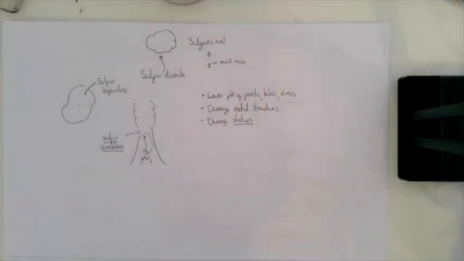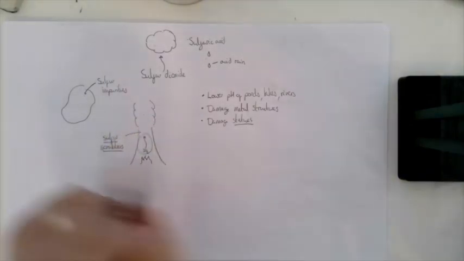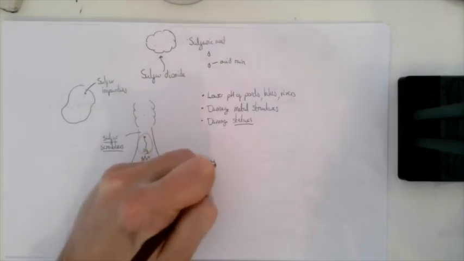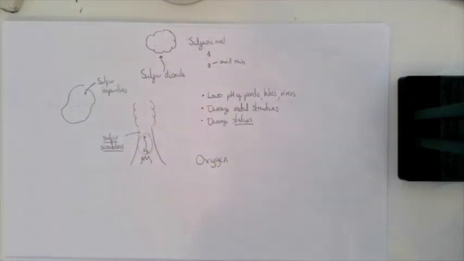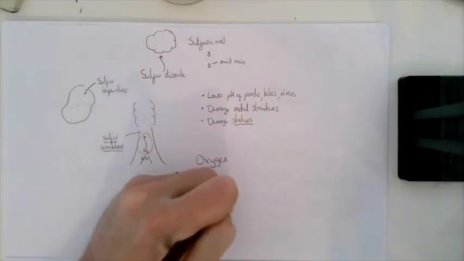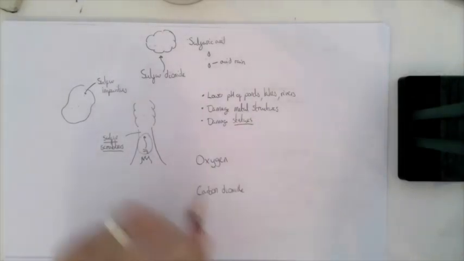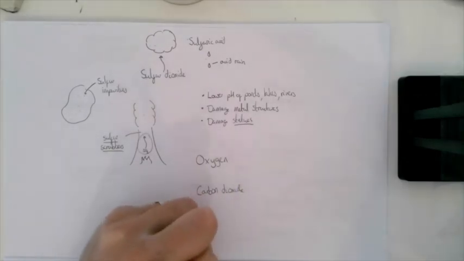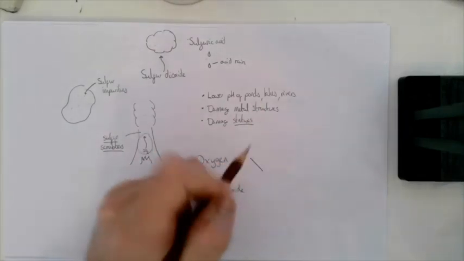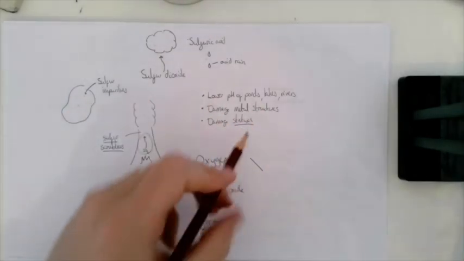Right, the last thing then, on to some tests for the different gases that we've come across in this topic. So you've got 3 tests in this topic that are worth knowing. Test for oxygen, test for carbon dioxide, and test for hydrogen. So how do we test for oxygen? What you do is you take a splint.